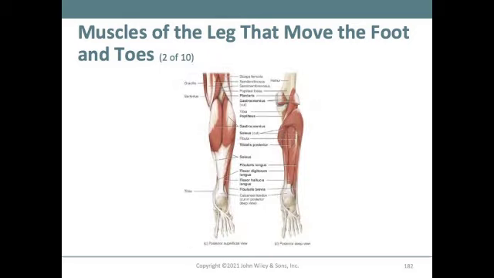And then we'll get into the foot pretty soon, but this is a posterior view of the leg right here. And this is a posterior view deep, so that just means that these muscles are superficial, so they're more on the outside, and these are more on the inside. And then you can go on to page 409.